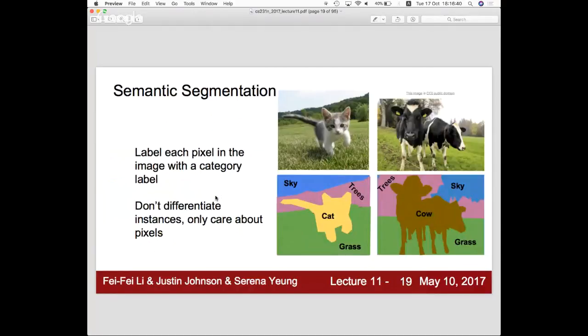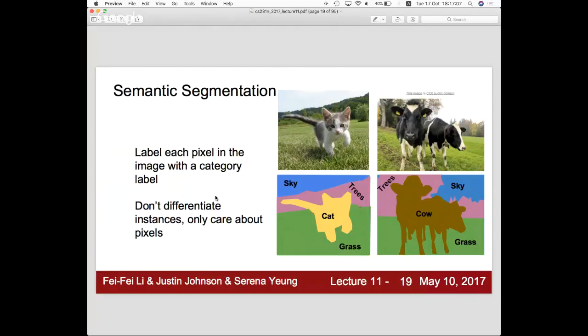When we're doing this problem, we have some definitions. What's our purpose for segmentation? When we input one picture, we need to output and split all the parts of the picture and indicate which one is sky, which one is tree, which one is cat, and which one is grass.